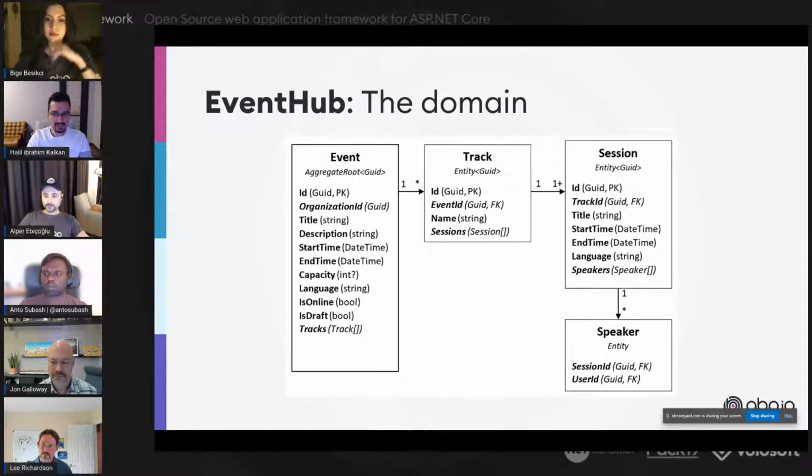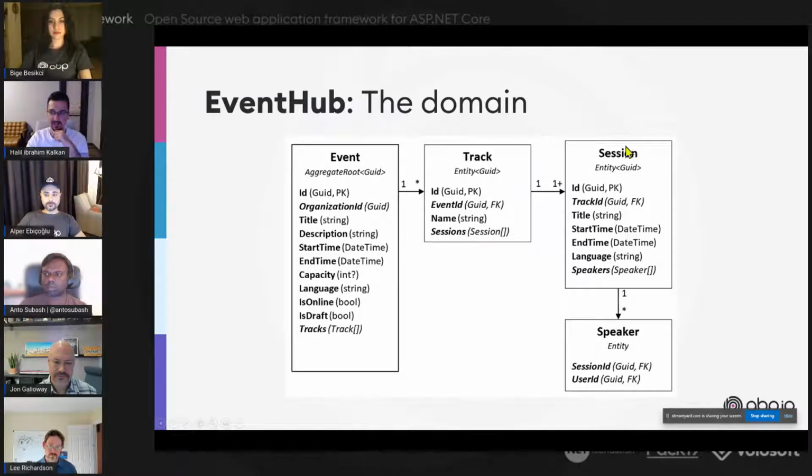The most complex entity is the event entity in this solution. This is the aggregate root with title, some description, start and end date of the event, capacity and so on. An event is a complex object, and an event can have tracks to organize parallel sessions.